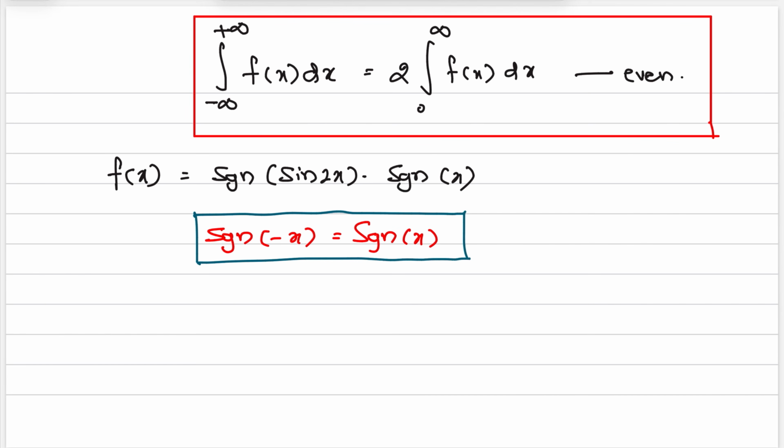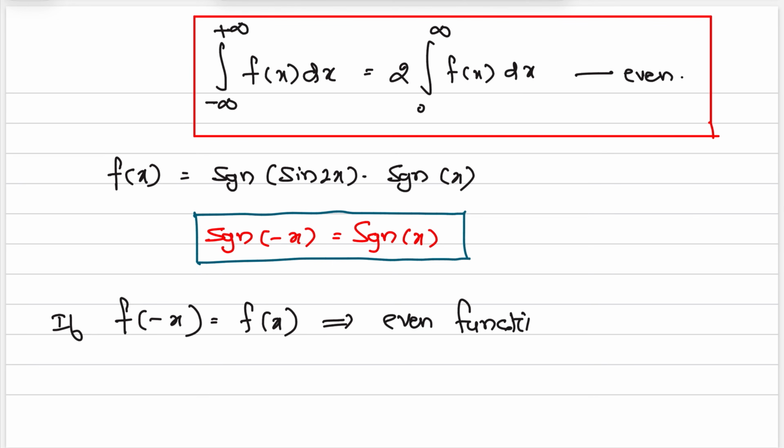Using this property, let us try to find out function minus x. If function of minus x is equal to function x, what does it imply? This implies it is an even function. If it is an even function, I can use this property. Please remember this also.